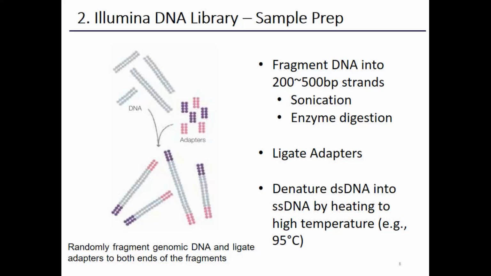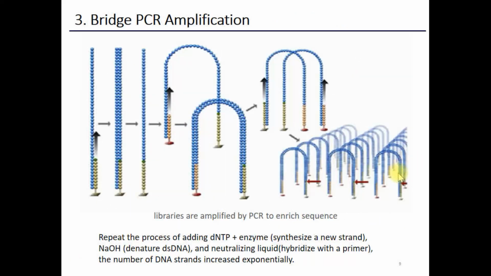The third step is to do the bridge PCR amplification. This is a key step for massively parallel sequencing and for high throughput sequencing. So I will explain it slowly.